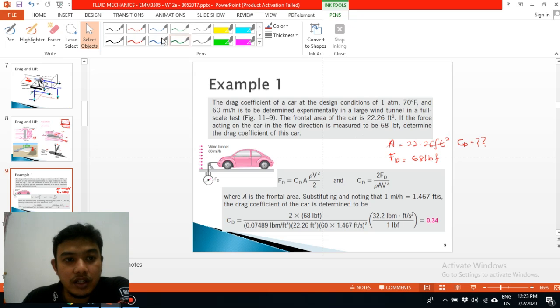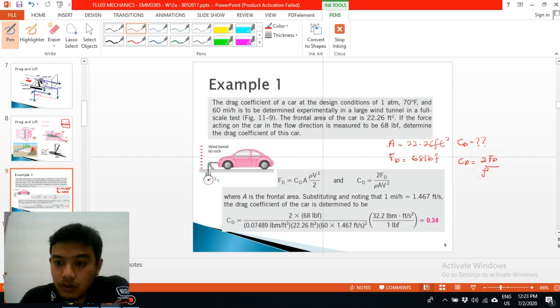This question asks us to find C_D, so the formula is C_D equals 2 F_D divided by rho V squared A.